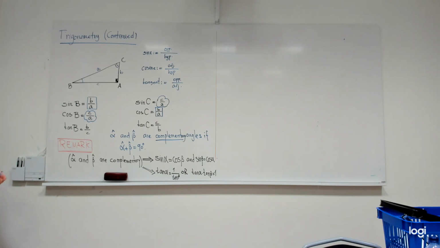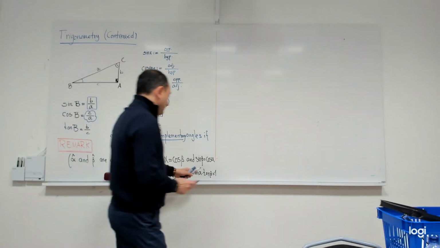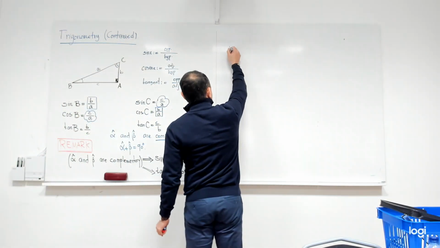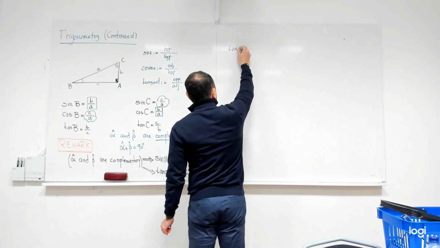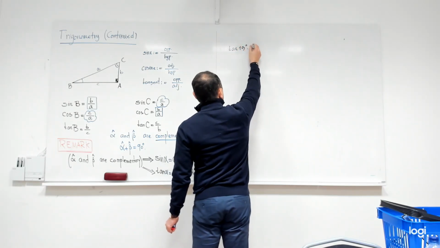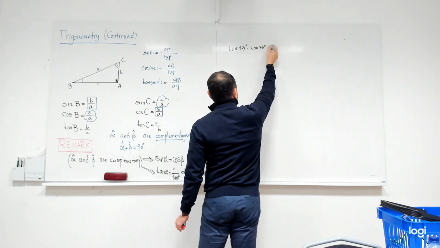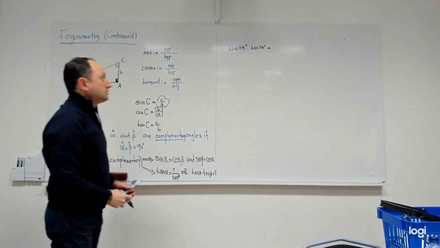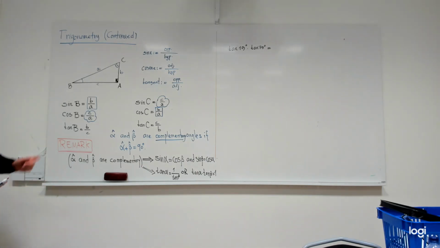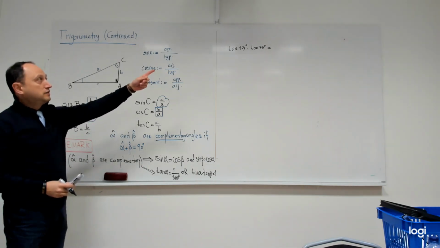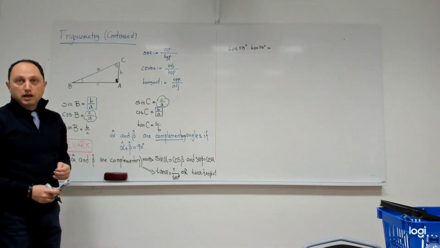For example, we talked about this. If I ask you what is tangent of 15 degrees multiplied by tangent of 75 degrees, you don't even need the calculator to calculate this, yes? So, what is the answer? The answer is 1. Because 15 and 75 are complementary angles.